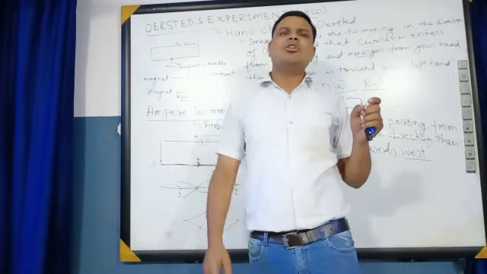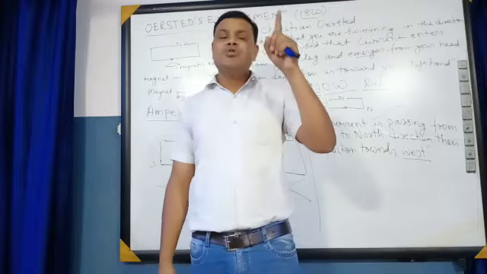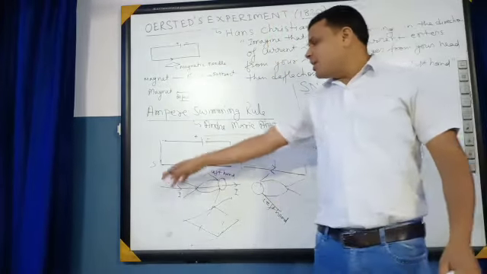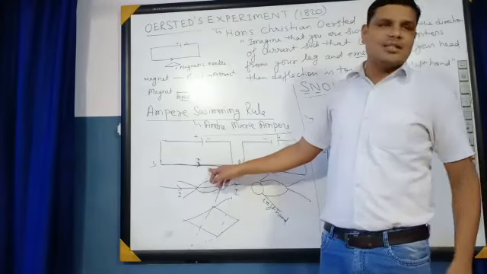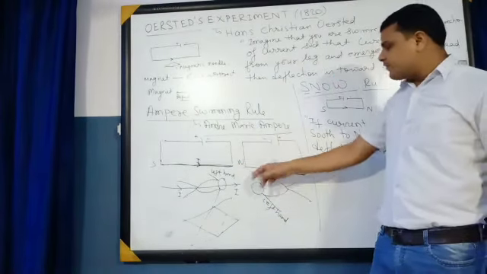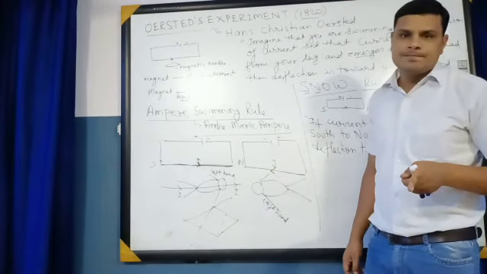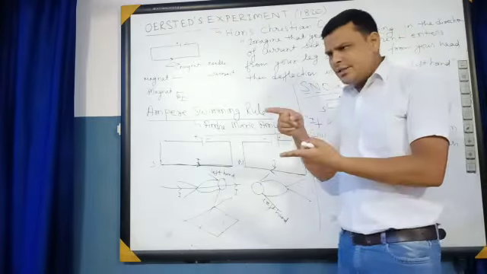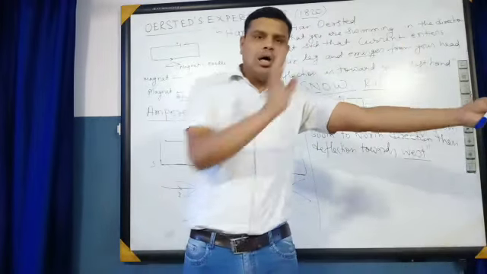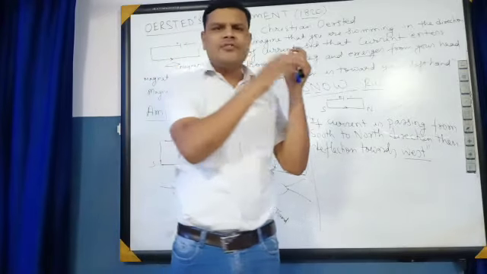Then the deflection of the magnetic needle is toward the left hand. If current is going from left to right, the deflection is toward the left hand. But if the current is going from right to left, again deflection is always toward the left hand. Whether the current is going from left to right or right to left, deflection is always toward the left hand.